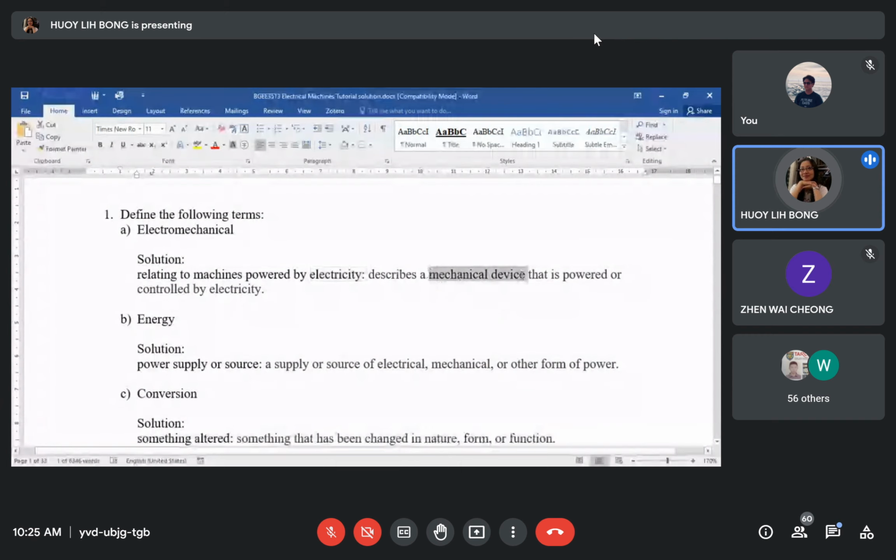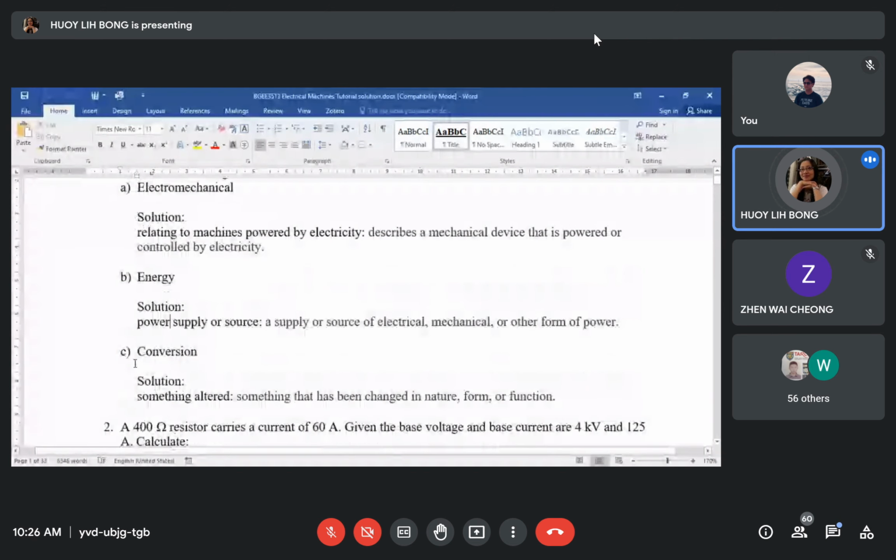Energy means we are just supplying power through the motor or the generator. We can supply power or we can supply force or the torque, the mechanical energy also. So conversion is change. So we are changing the electrical to mechanical or mechanical to electrical.